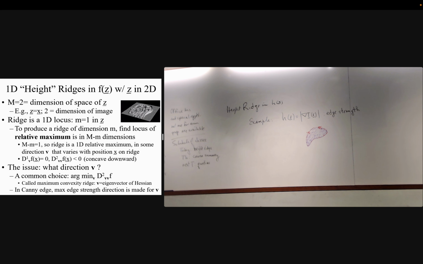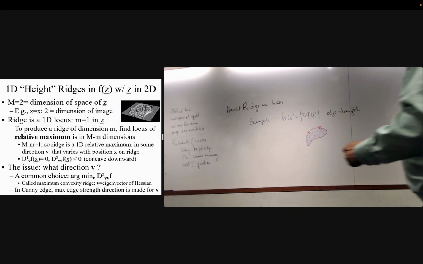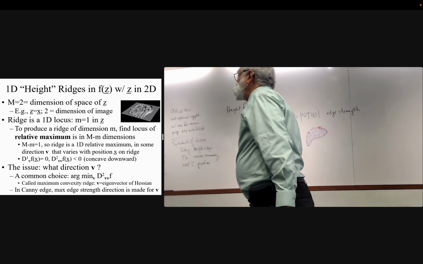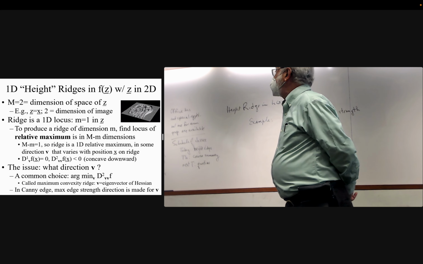The gradient magnitude will be a function of 3 dimensions, and we'll be interested in finding 2-dimensional ridges, which are the surface of the edge of that kidney in 3 dimensions. In other situations, we might be interested in finding 1-dimensional ridges in 3 dimensions. Okay, so this is what we're doing.